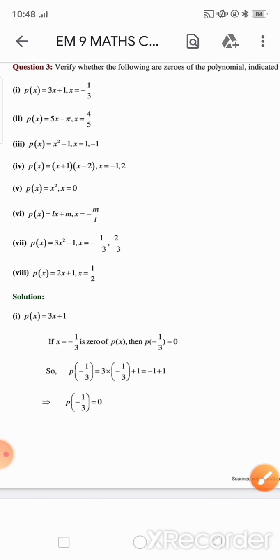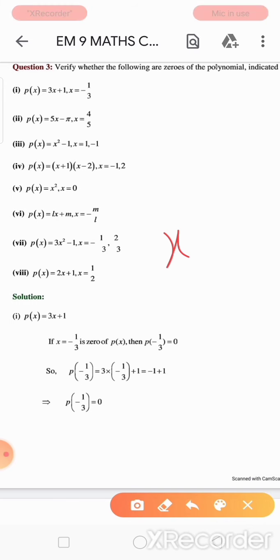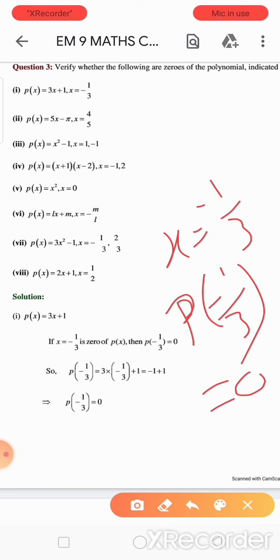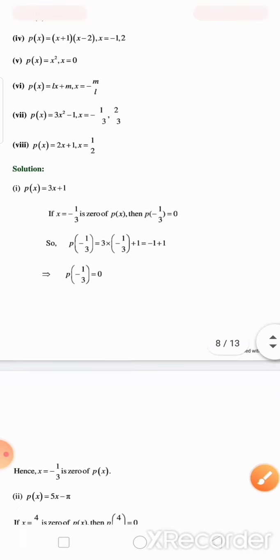It means when substituting the value of x equal to minus 1 upon 3, we get p of minus 1 upon 3 equal to 0. So we say for the value of x equal to minus 1 upon 3, it is the zero of the polynomial, we verify it.